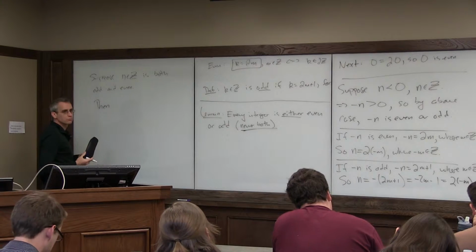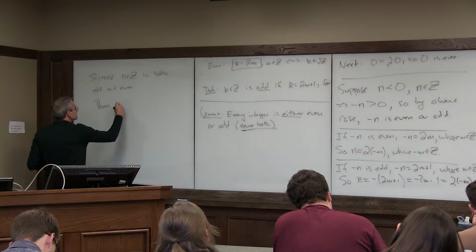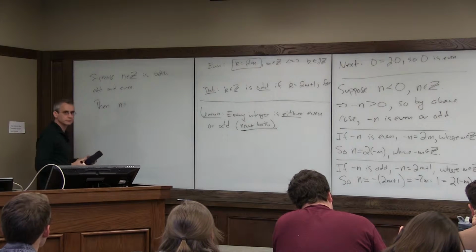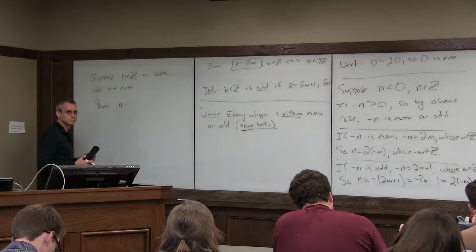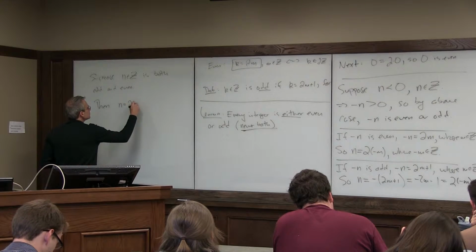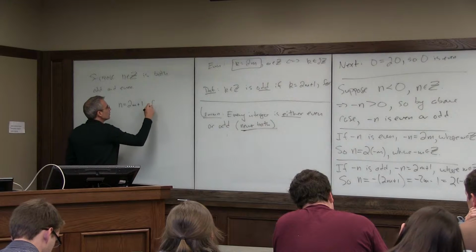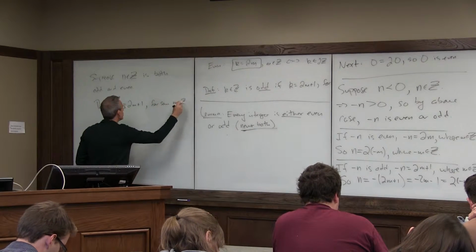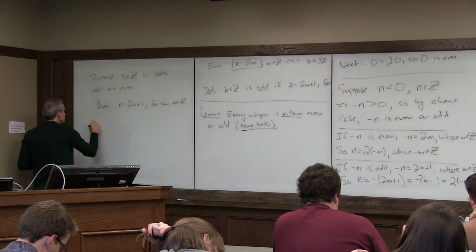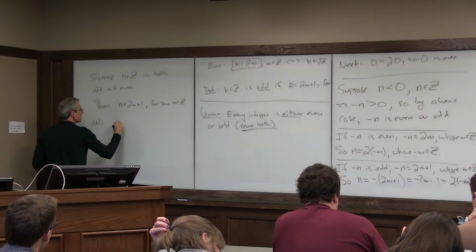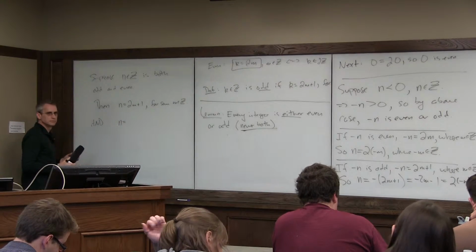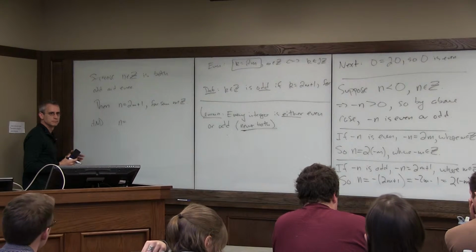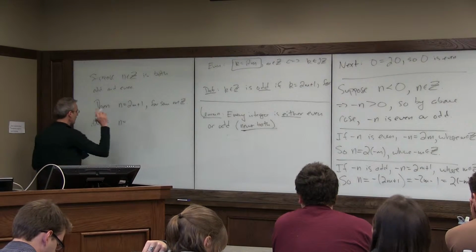Since it's odd, we can write it how? Some m, an element of Z, right? And since it's even, we can write it how? 2k plus 1. Yes, k, okay, right.